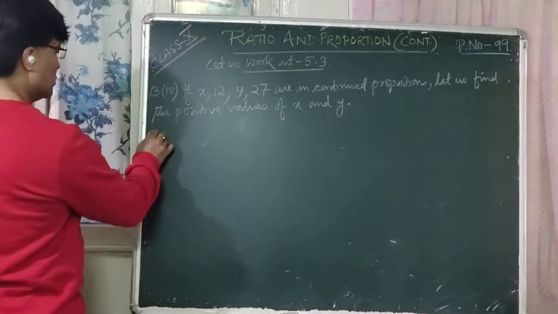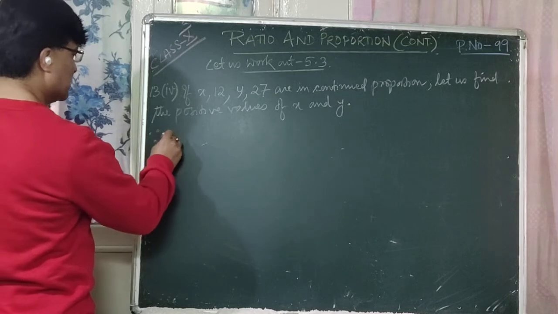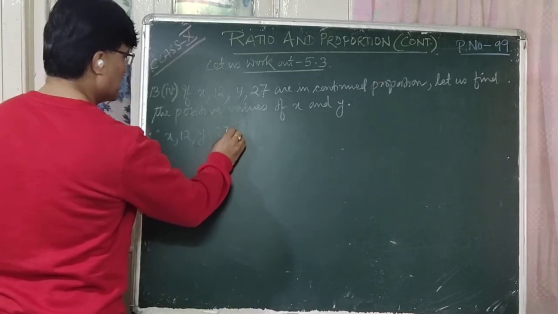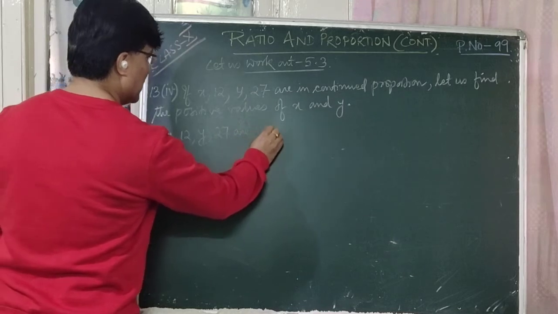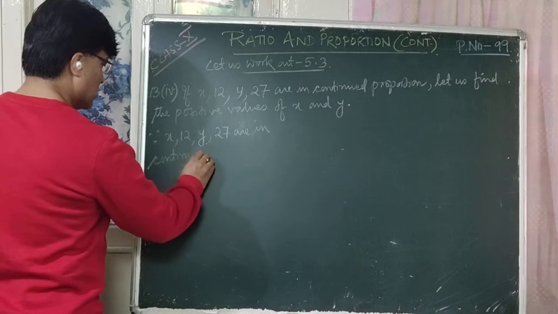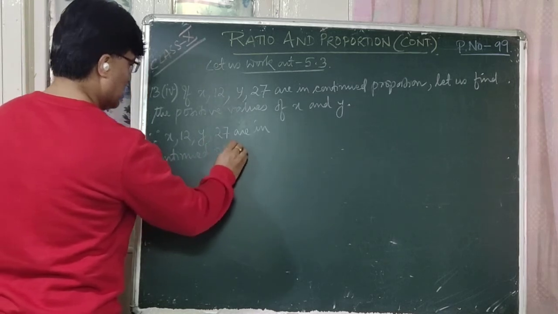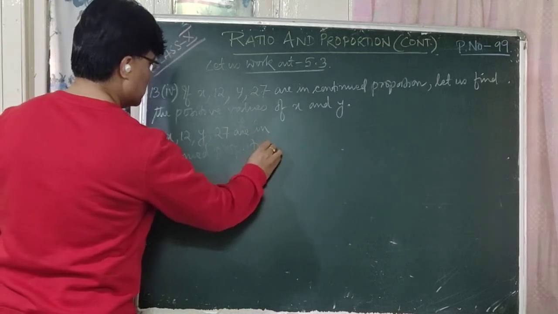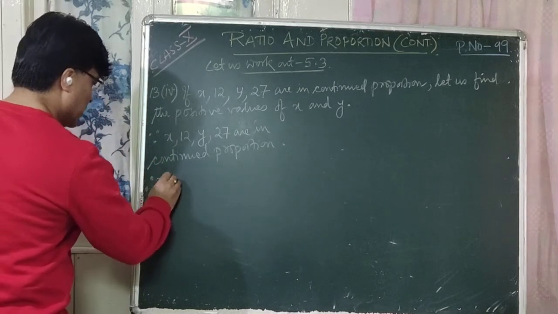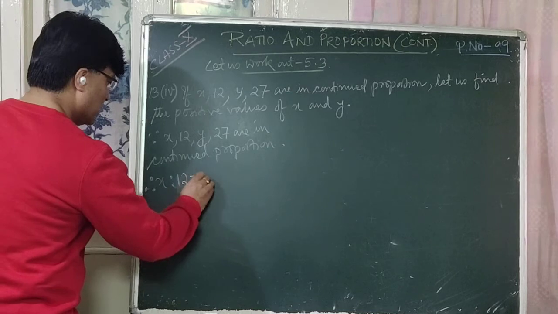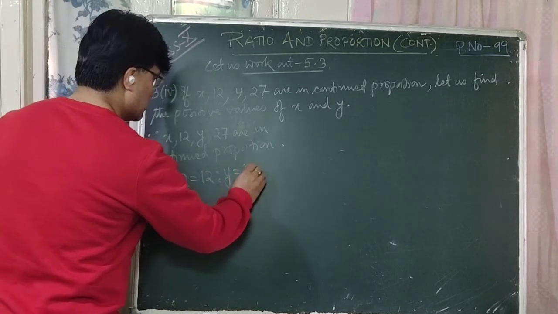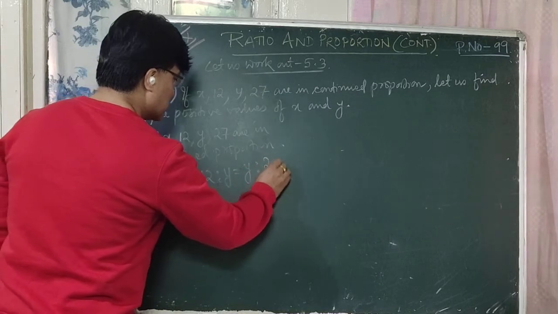Okay. So since, let us write here, x, 12, y, 27 are in continued proportion. That means what can you write? x is to 12 is equal to 12 is to y is equal to y is to 27.